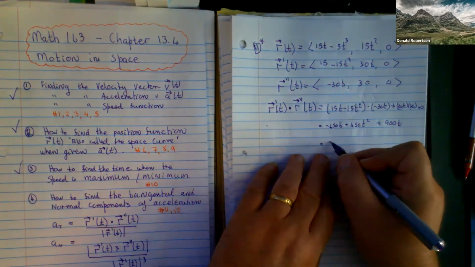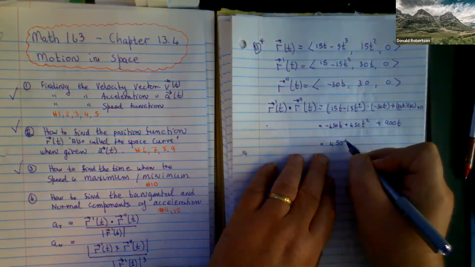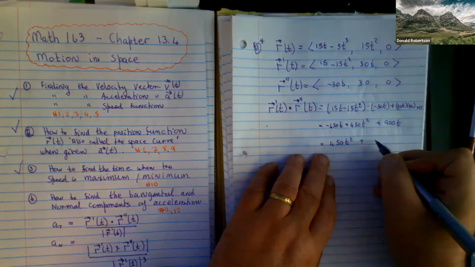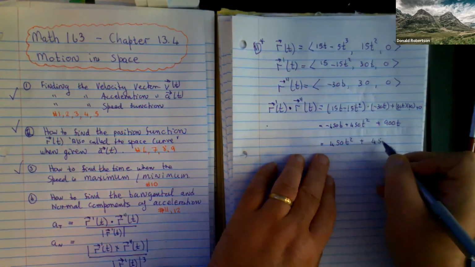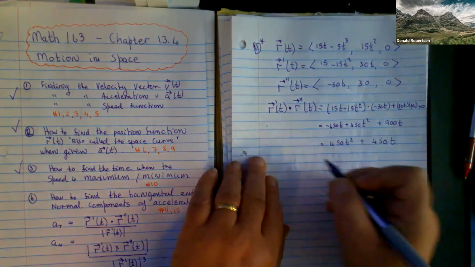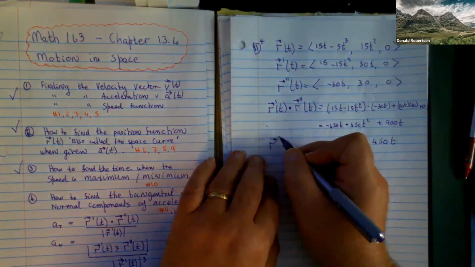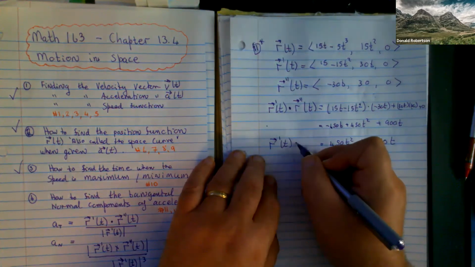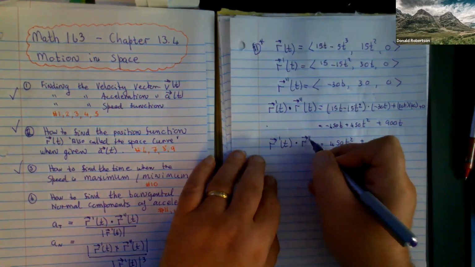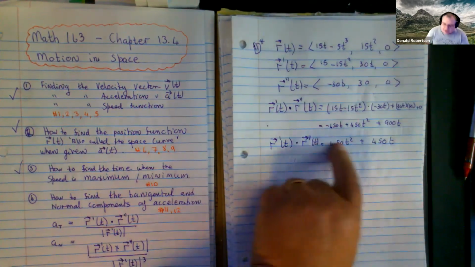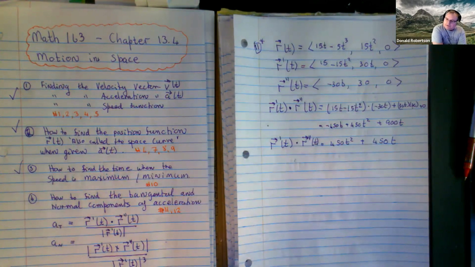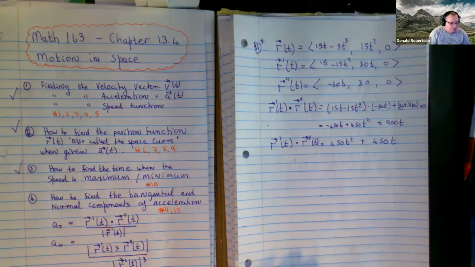And that gets me 450t squared plus 450t. So the dot product of the first and second derivative is that quadratic. Are we good? So far, so good. Any questions before I move on with this question?